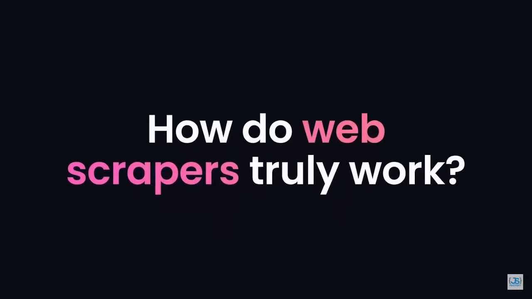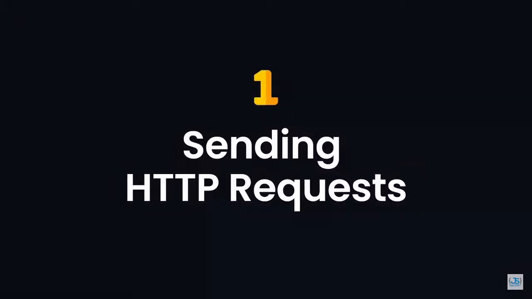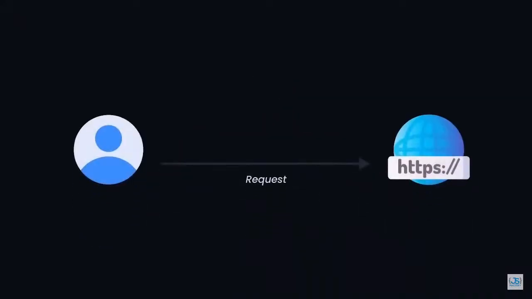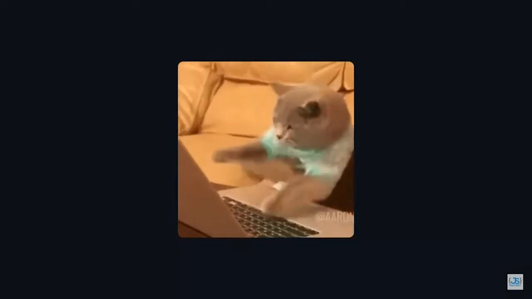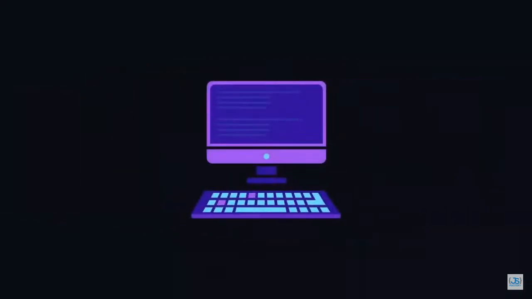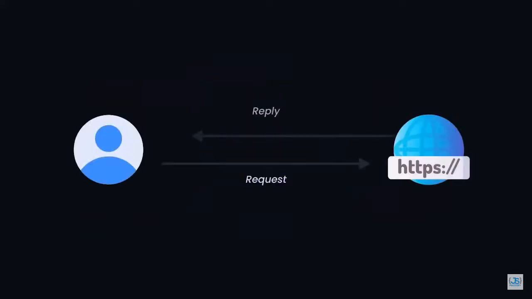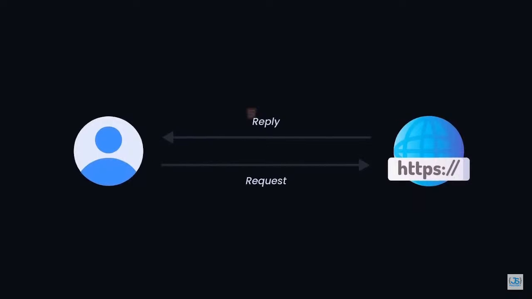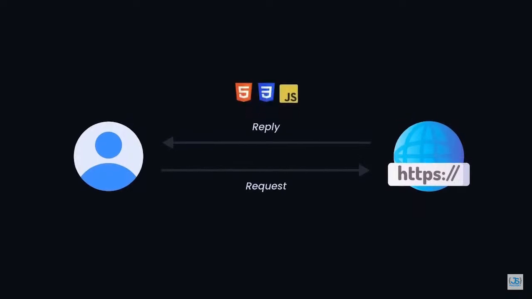It all starts with sending an HTTP request. We send requests to websites we want to scrape. This process is automatic. It's not like you sit the whole day pressing a button to make requests. Our code will do it on its own. Next, we get a reply to our scraper's request with the website's content. This content usually includes things like HTML, CSS, and JavaScript pages.